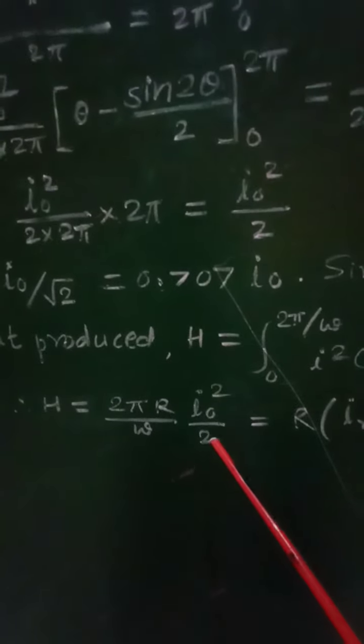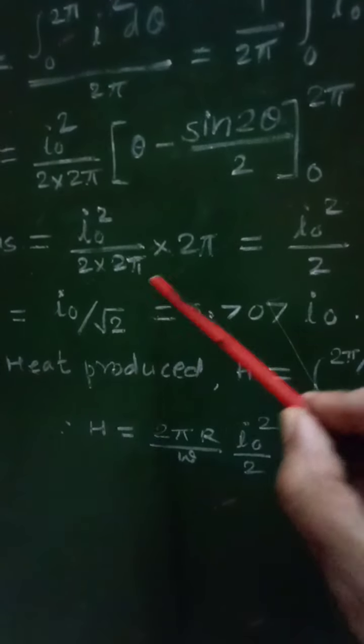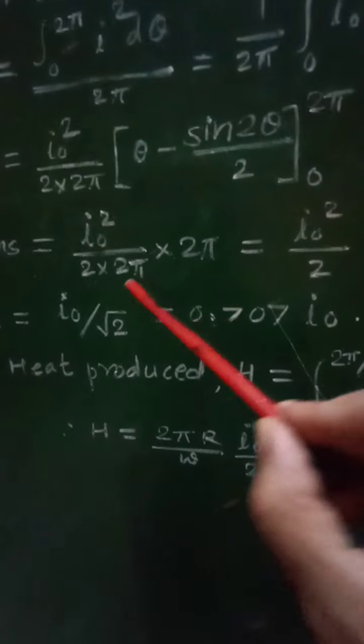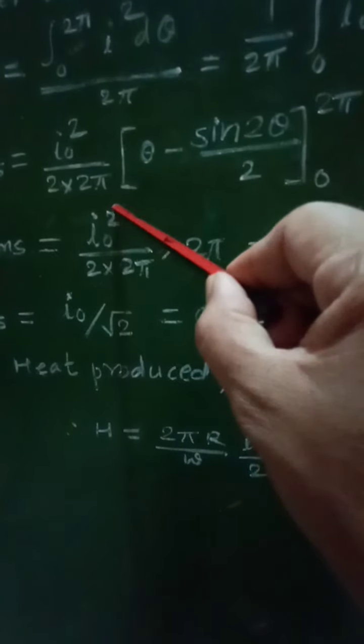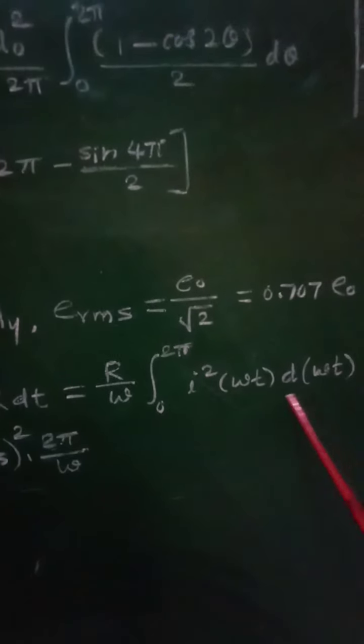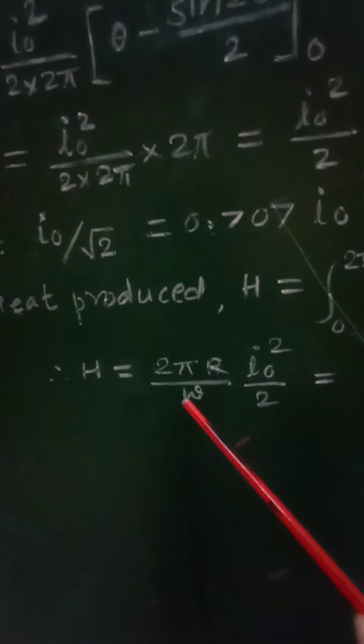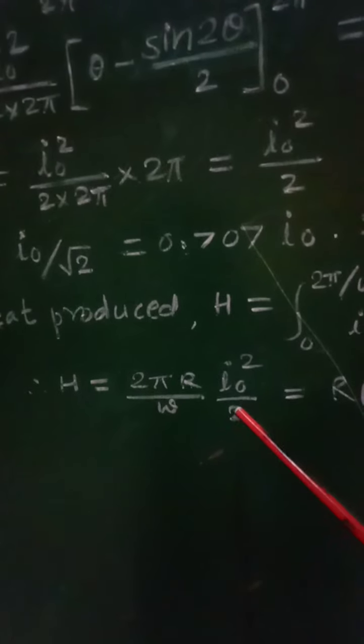So the value of this total integration after solving we get as I0 square by 2 into 2 pi. This 2 pi will not be there because it is already present here. So putting it in this equation, we get 2 pi R upon omega into I0 square upon 2.